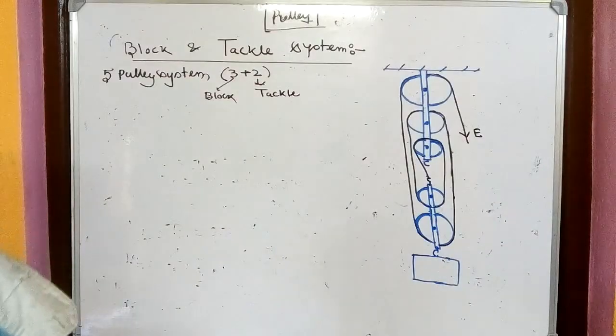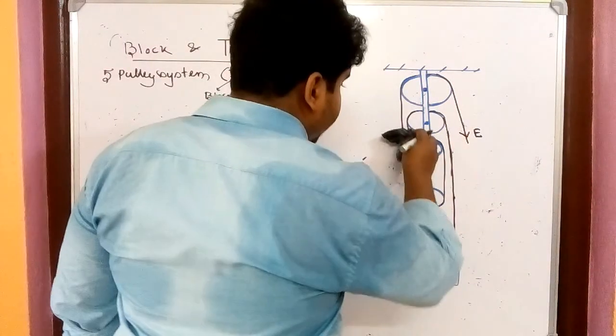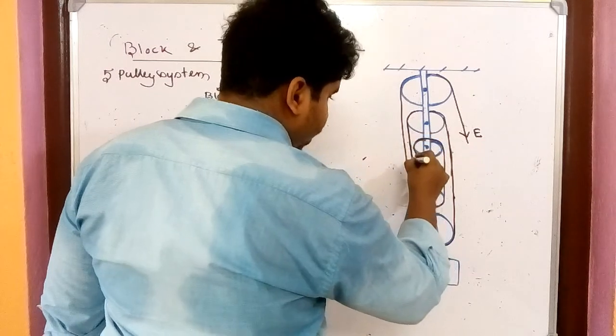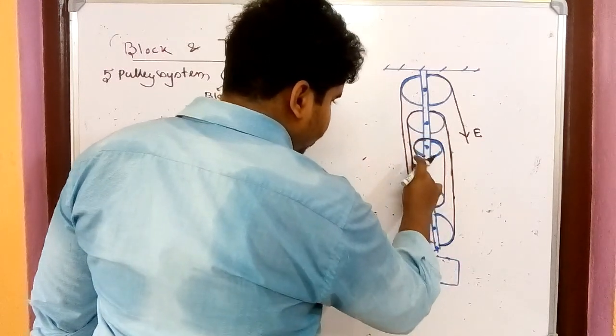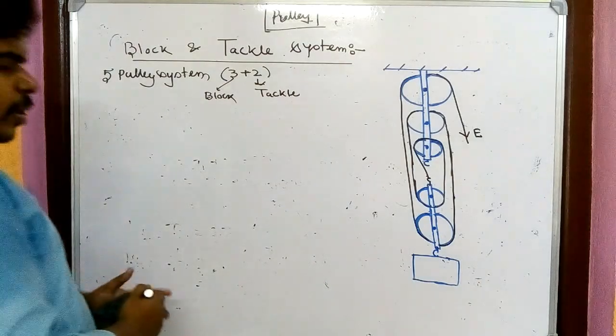This is the arrangement of string. I'm trying to make the string straight. Yes, in some places it is bent a little bit, because I have just done it by hand only. If you use a scale, then it is better. So that is the arrangement of string, nothing else.